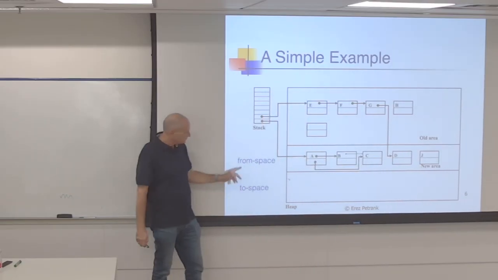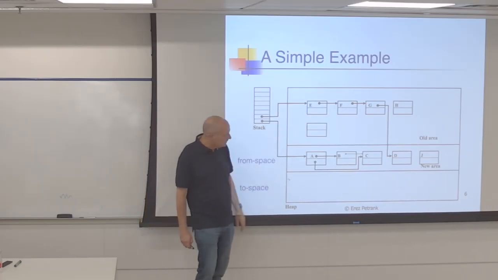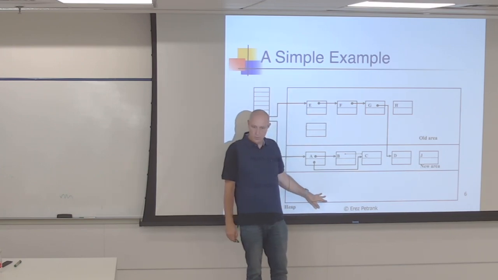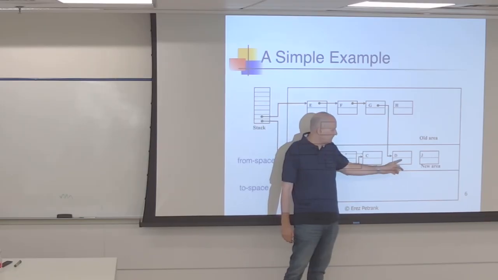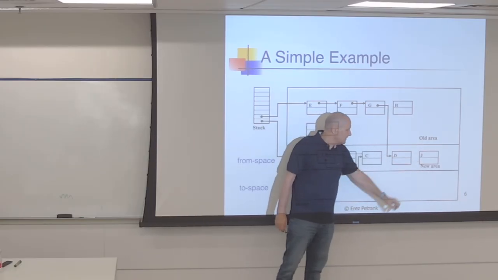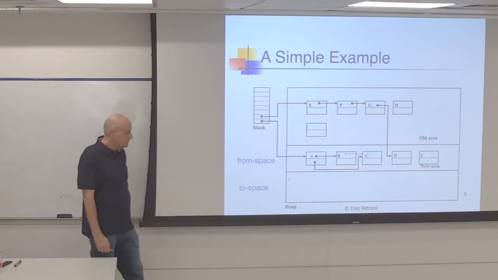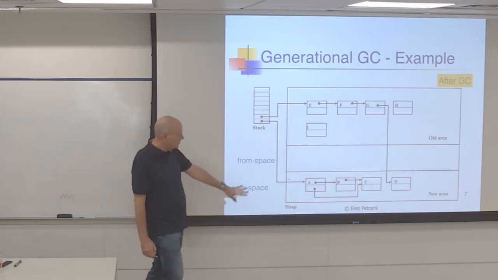And so when we do the first young generation collection, all of these 4 objects are expected to go down to the second semi-space, and this guy too, and this guy is not reachable and should disappear. So this is what happens. So A, B, C, and D are copied.